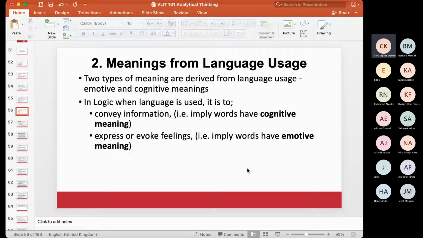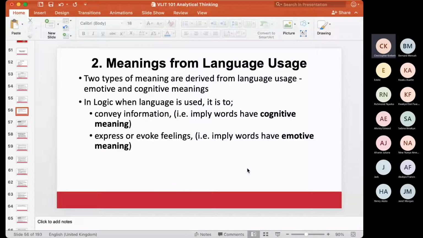We have basically two types of meaning. The first is cognitive meaning, which is when we are trying to convey information. In the university environment, what happens is the exchange of information.